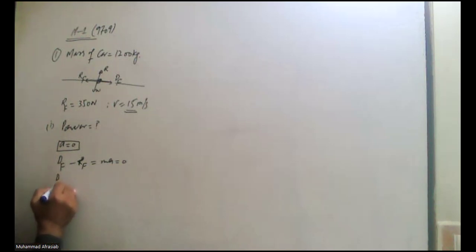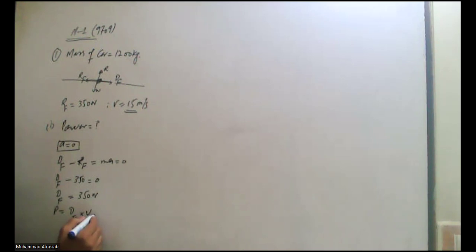Driving force we don't know, but the resistive force is 350, so driving force is equal to 350 Newton. Since we are going to find the power, power is basically equal to driving force into velocity.